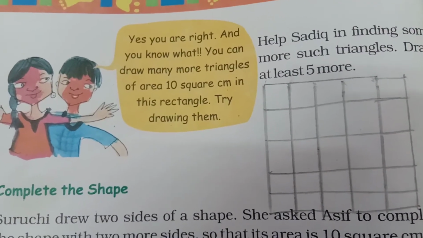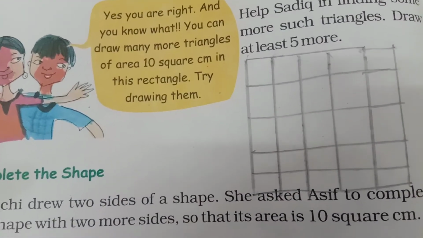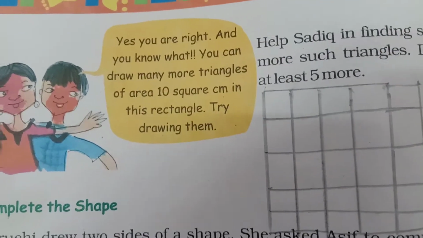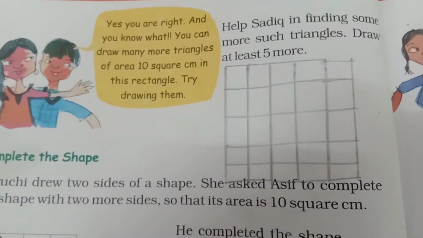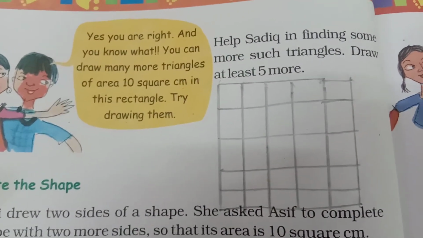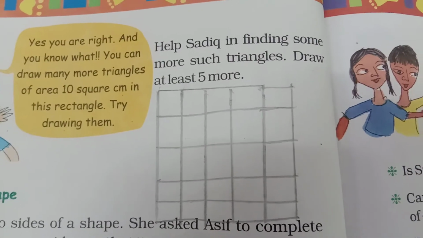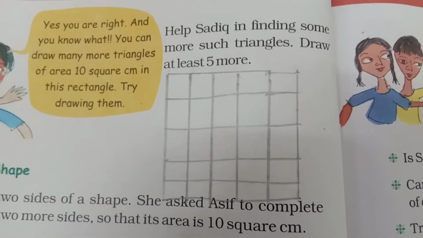And you know that you can draw many more triangles of area 10 square centimeters in this rectangle. Try drawing them. Help Sadiq in finding some more such triangles. Draw at least 5 more.